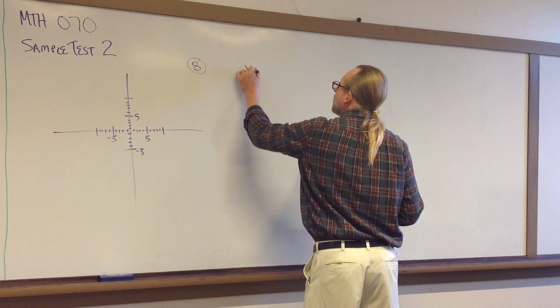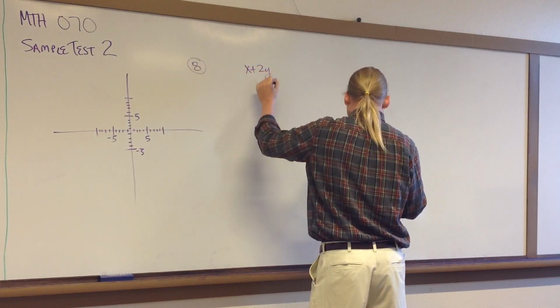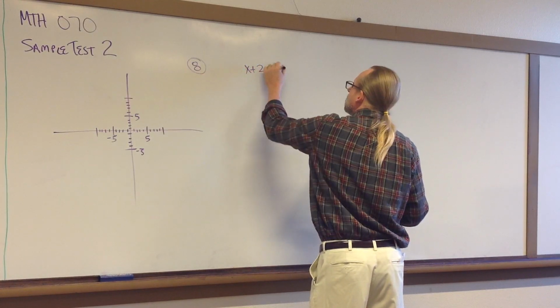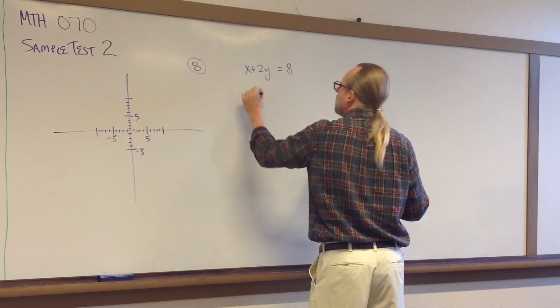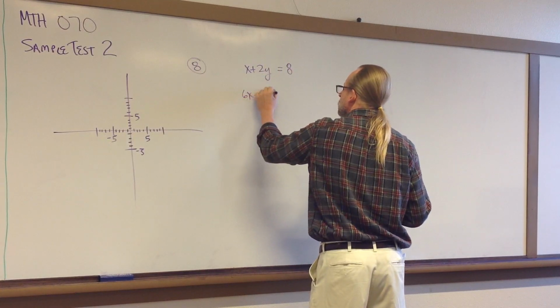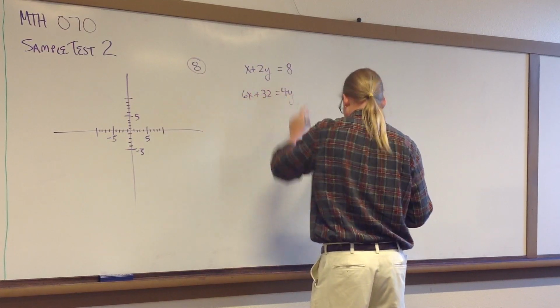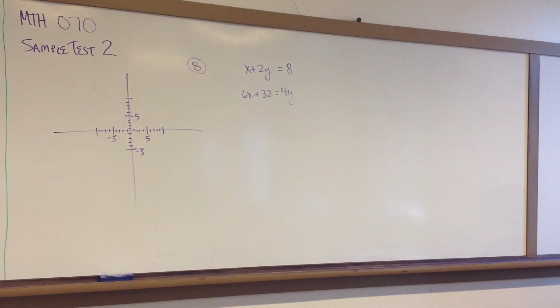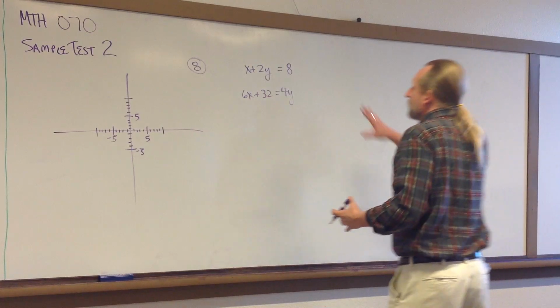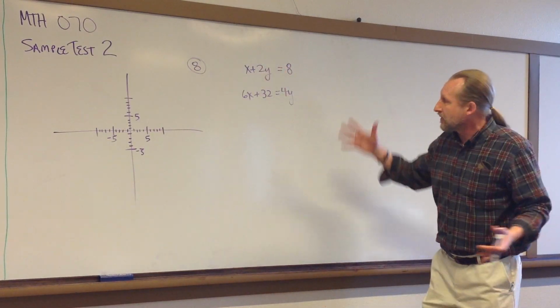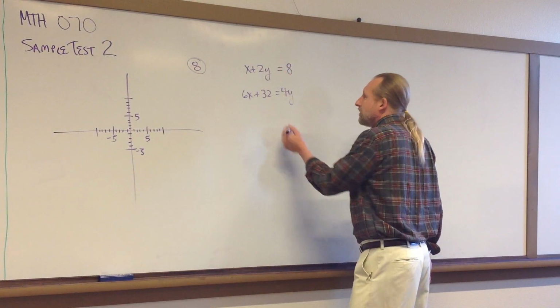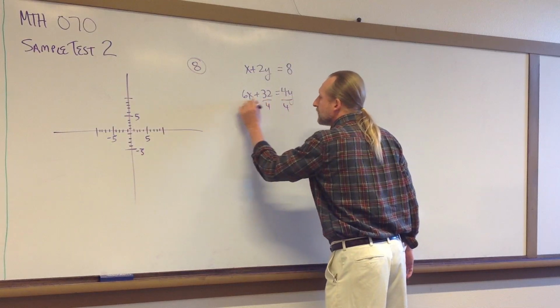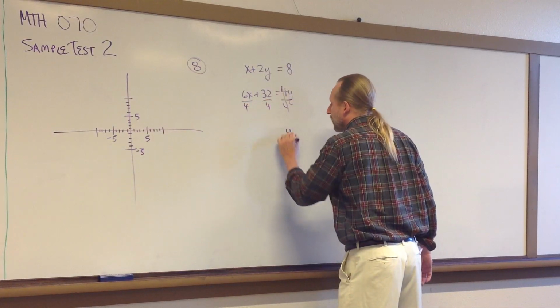So our system of equations is x plus 2y equals 8, and 6x plus 32 equals 4y. All right. So to graph these two equations, I'm going to put these into slope-intercept form. I'm going to get the y by itself. This one, pretty straightforward. All we have to do is divide everything through by 4.